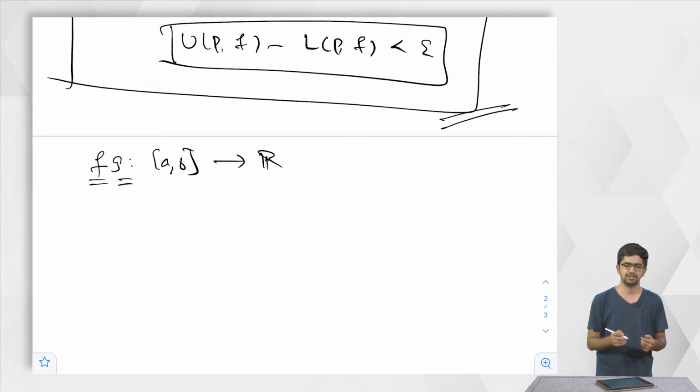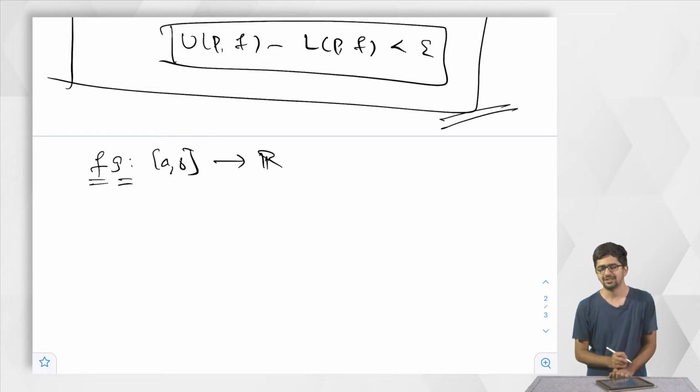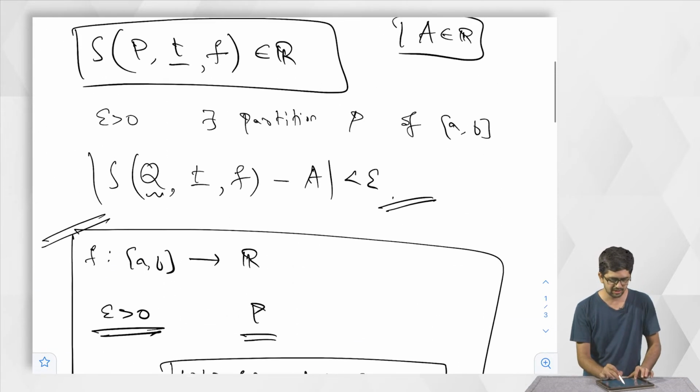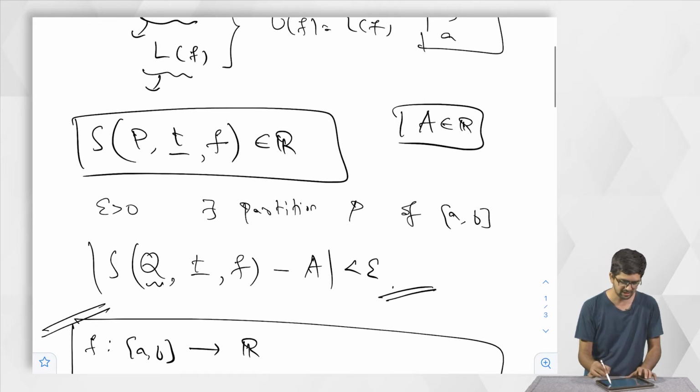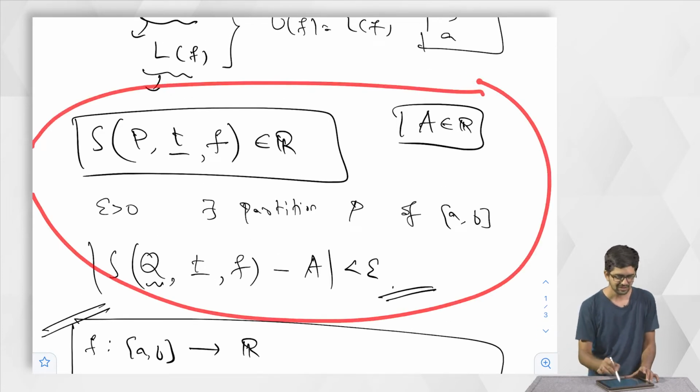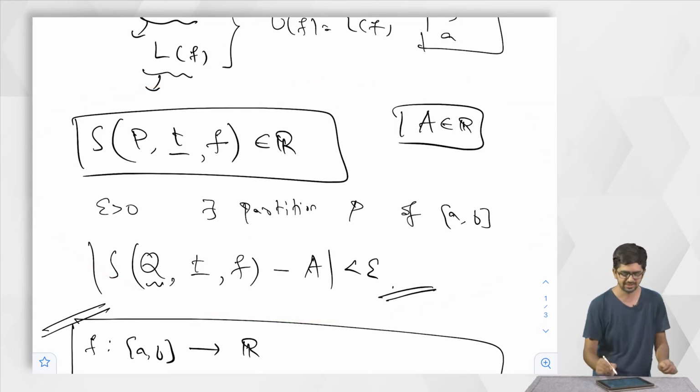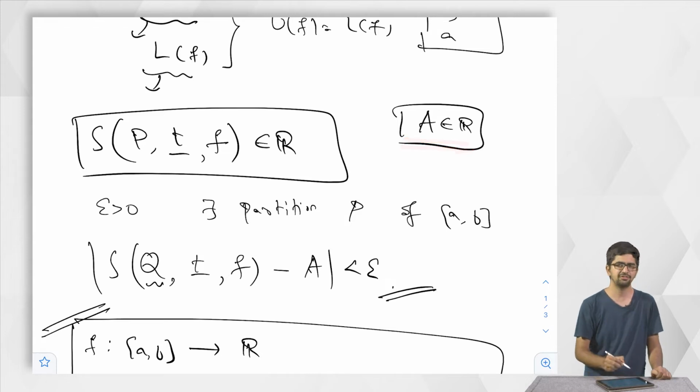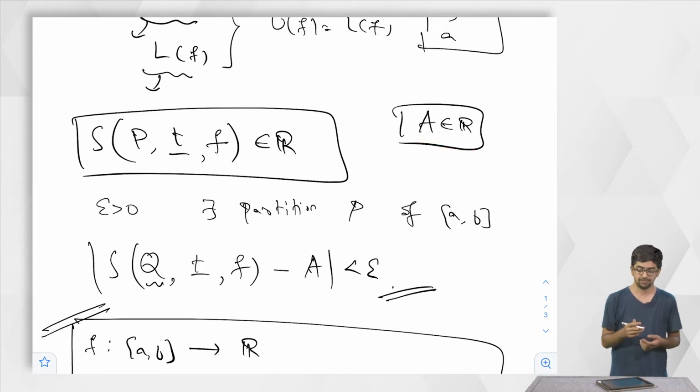So the question is, how do we proceed? Look at this condition. Suppose we want to check this in this way. First of all, we need to look for some a belonging to R, then proceed further. In the case of sequences we have done the same thing, right?